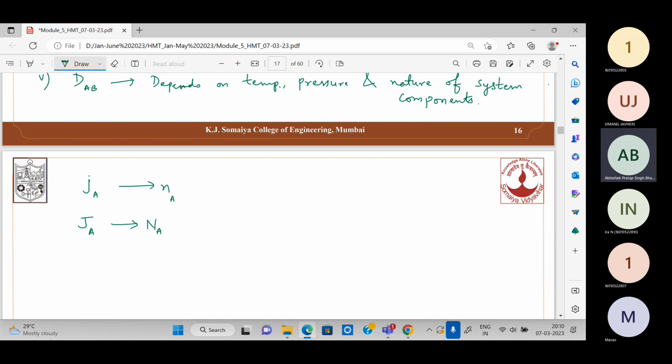This is the situation when a small concentration of species A is moving through a large concentration of species B, like air.